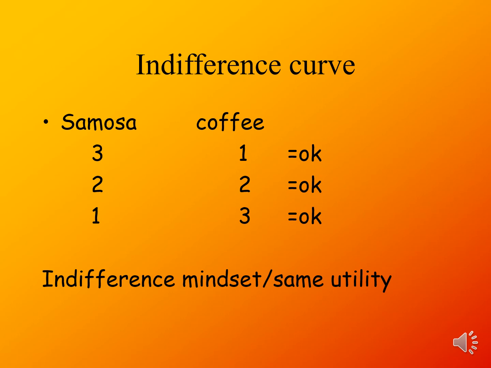He can derive the same utility from all the combinations. That mindset is called the indifference mindset, and that gives the indifference curve.